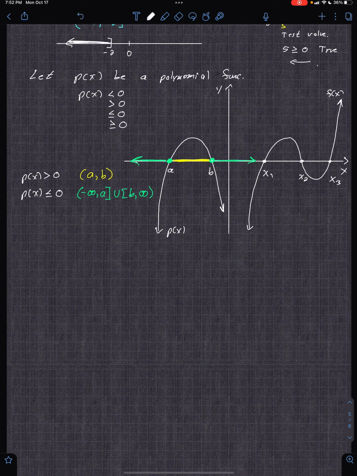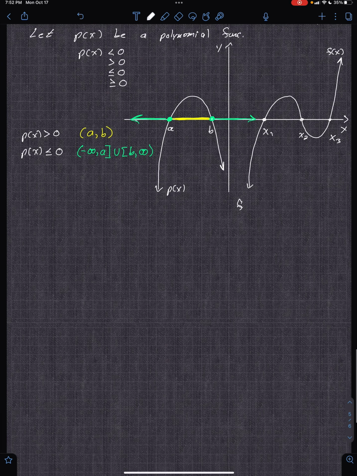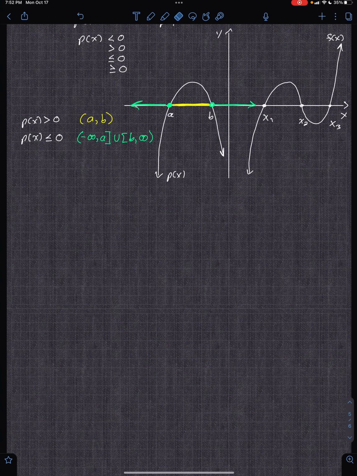So that's my function f of x. Then we could ask the same question: when is f of x greater than 0, and when is f of x less than 0? Let's just do strict inequalities, and if they're equal, you have to include the endpoints. Maybe let's do it like that.